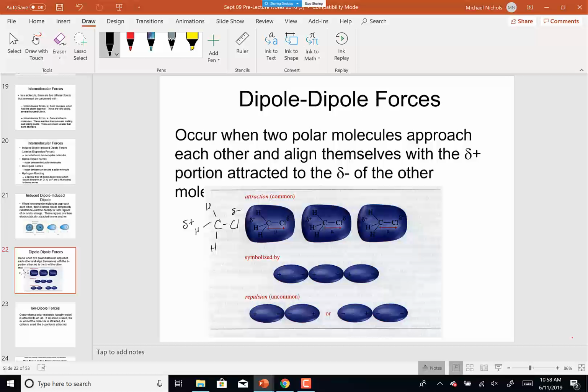So if it's pretty wimpy delta minus delta plus charges, it's going to be a weaker dipole, but that's still better than nothing, or a quickly induced one for the nonpolar molecules. Again, it's electrostatic force.